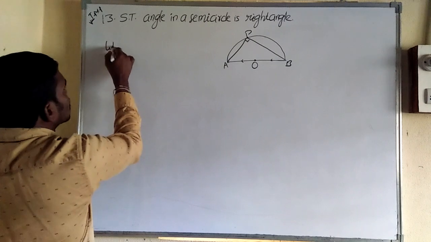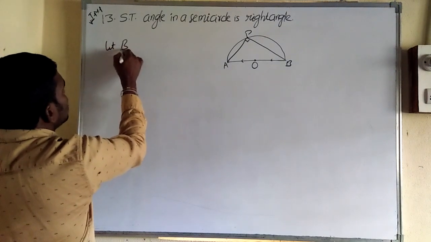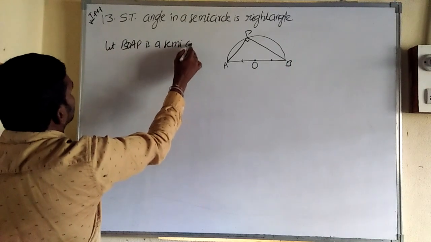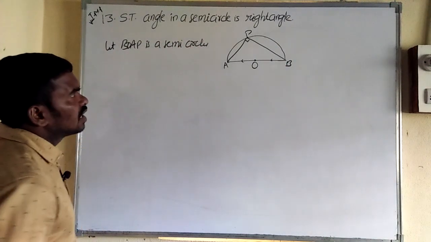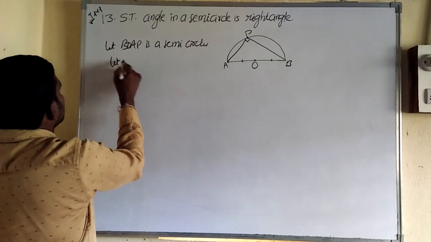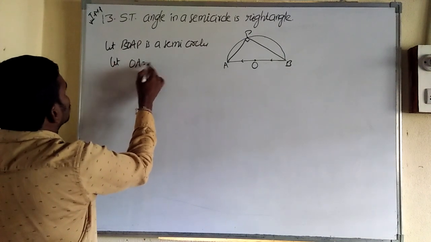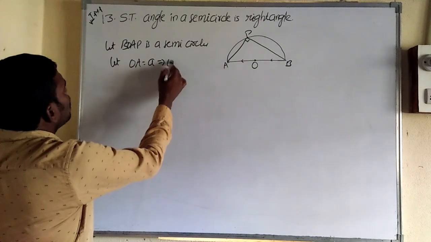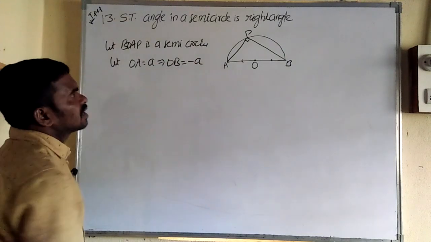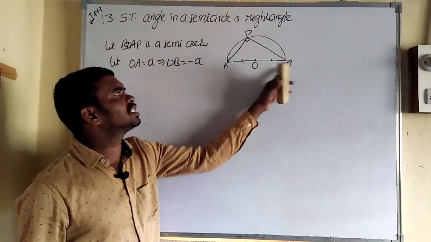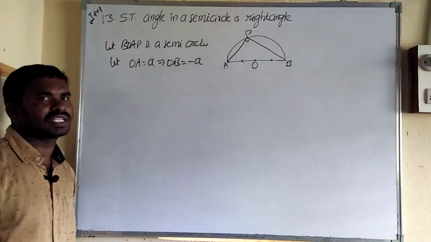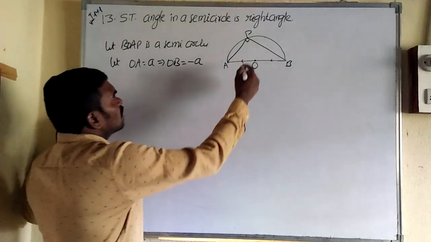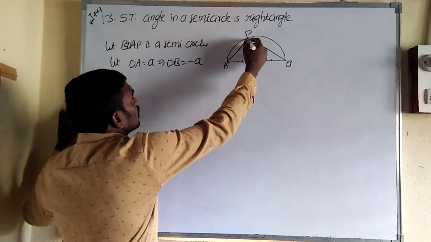Let BOAP be a semicircle. Next, let OA equal small a. OA equal to small a implies OB becomes minus a, since it is the opposite direction. Next, what is OP?